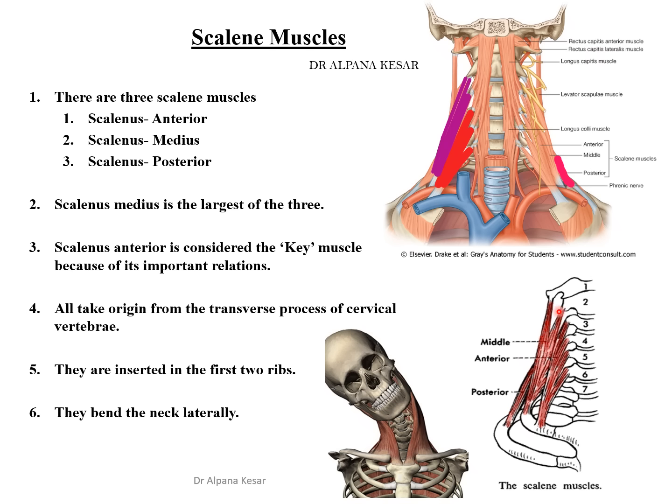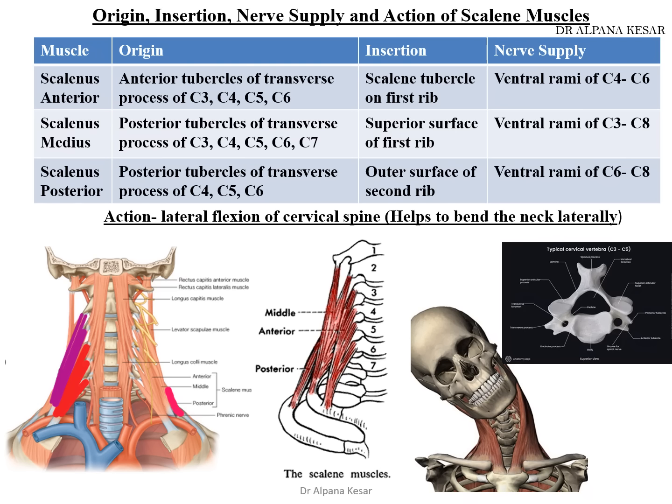All the scalene muscles take origin from the transverse process of the cervical vertebrae and get inserted into the first two ribs. The function of scalene muscles is to bend the neck laterally, that is on the right and the left sides. Next, we will do the origin, insertion, nerve supply, and action of all the three scalene muscles.